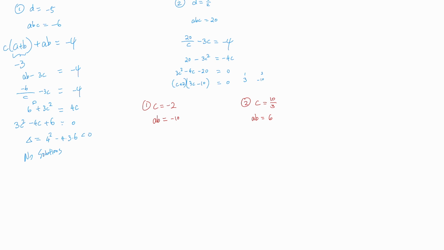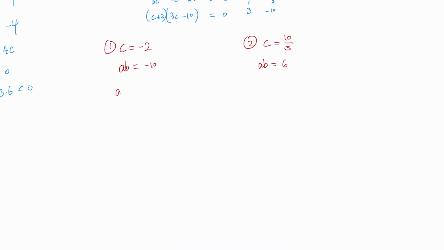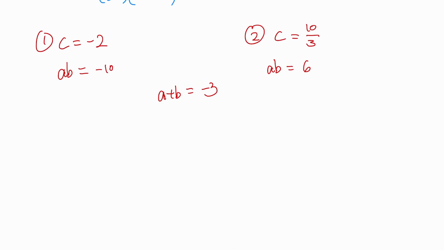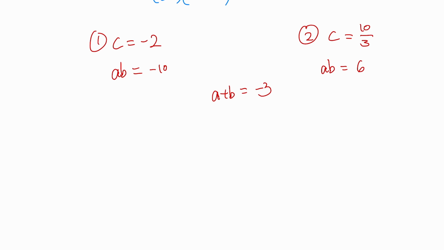All right. Now, we have one last equation we didn't use, which is A plus B is equal to negative 3. I will move this to the middle because that applies to both of these cases. It's rather easy to solve now. We can use the reverse of Vieta's formula.